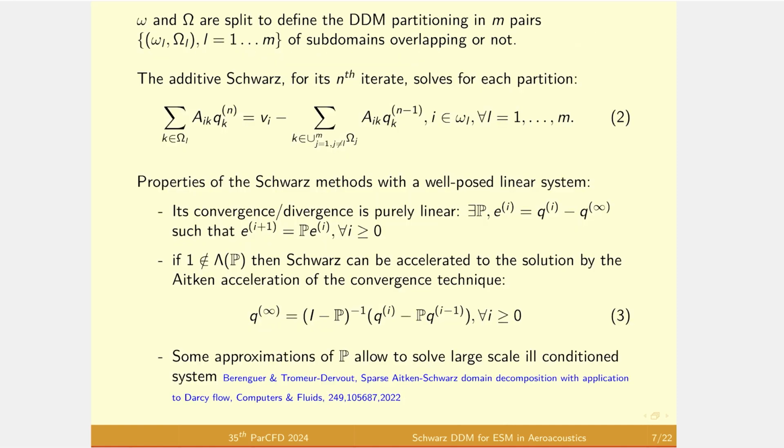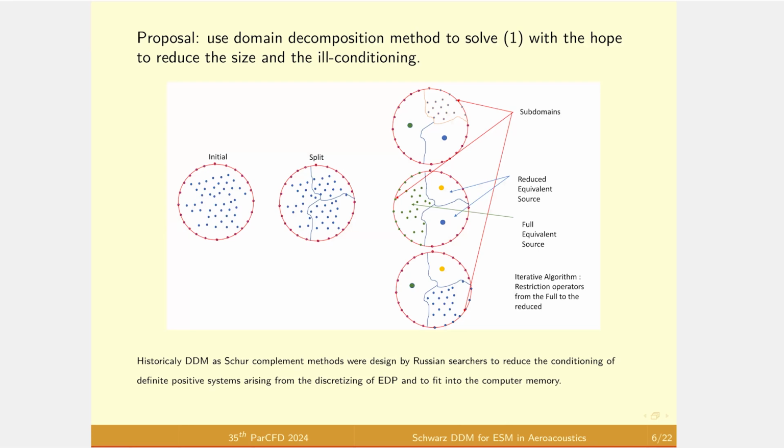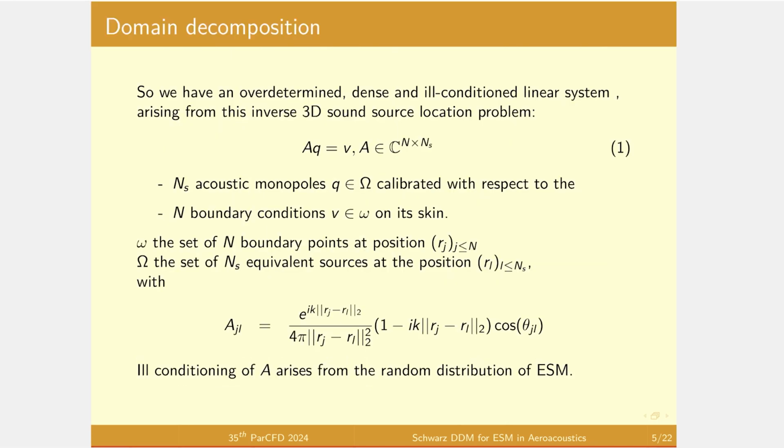But here we have a difficulty because we have two sets of points. We have the set of the n boundary points, and we also have the set of the equivalent sources.